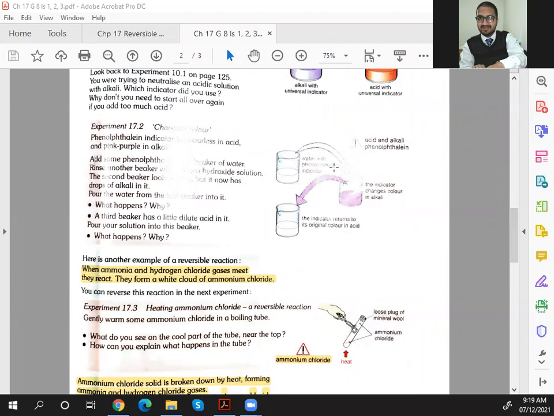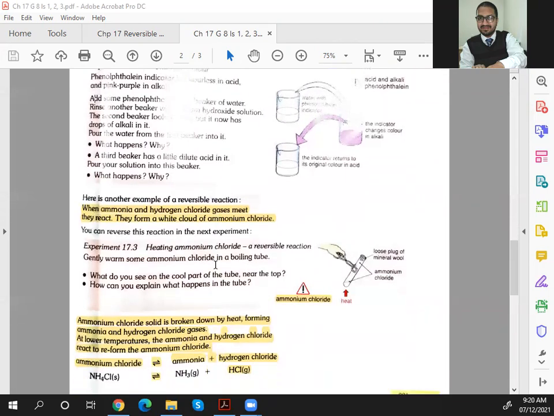Then you add the phenolphthalein, or the little water, in that sodium hydroxide beaker, and its color becomes pink or purple. When you pour this liquid back into the acid-containing beaker, it becomes colorless again. Okay, because this is the property, or the representation, of the indicator phenolphthalein in acid and in base. So here is another example of a reversible reaction.